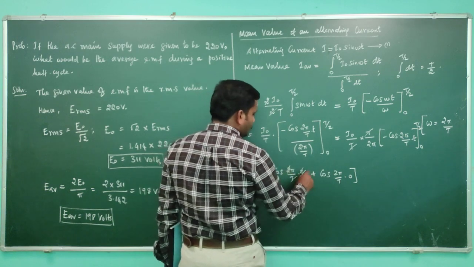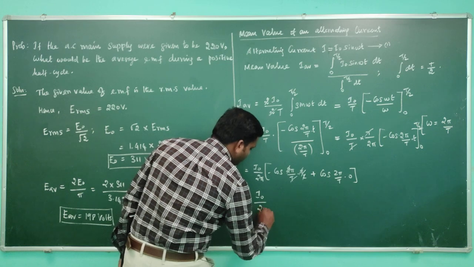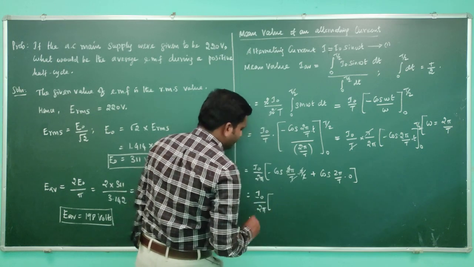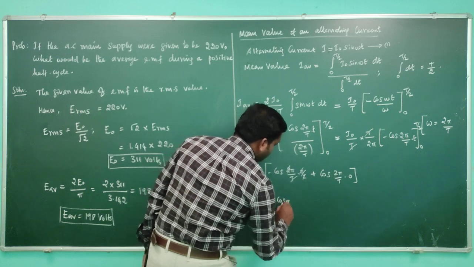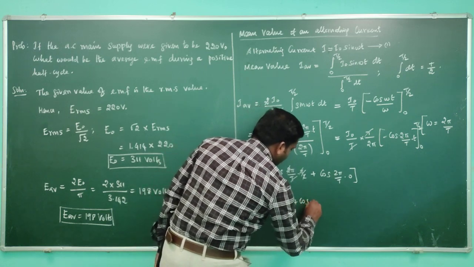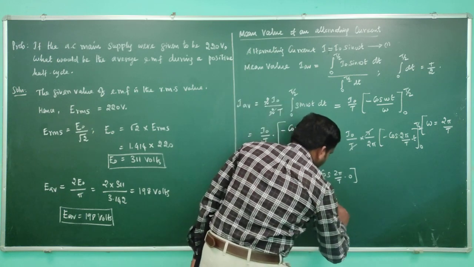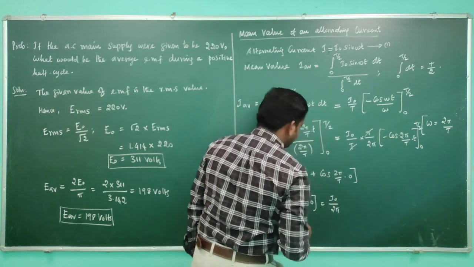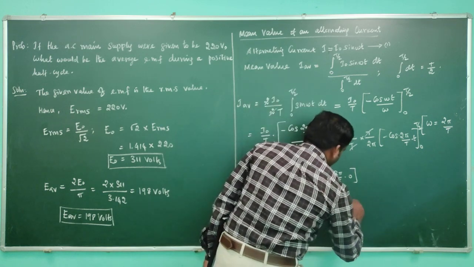T will cancel, 2 will cancel. So I naught by 2 pi, minus cos pi plus cos 0, which is equal to I naught by 2 pi and then into 2.